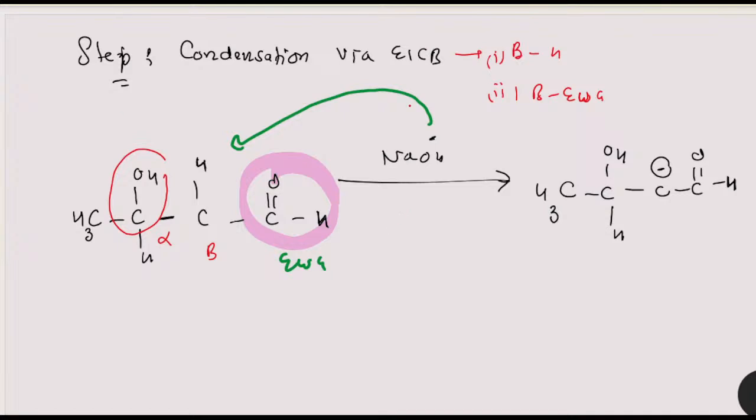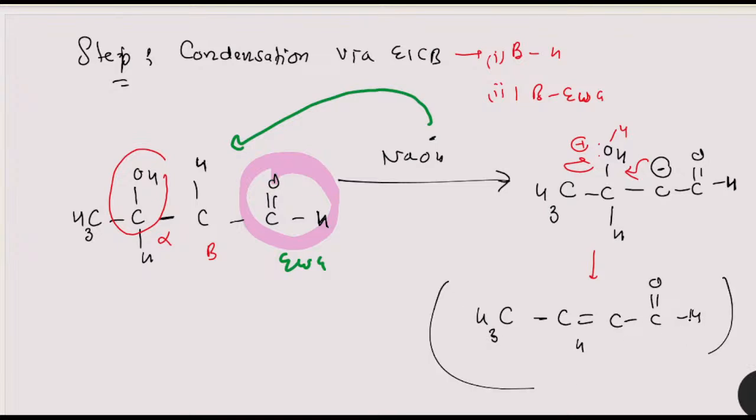Then the next point, this O simply attacks here, and this oxygen abstracts the hydrogen from here, and then a water molecule is simply removed. So let me tell you how the charge is released. Then we get CH3, a carbon double bond, and this is CO and H. So this is the final product we are getting.